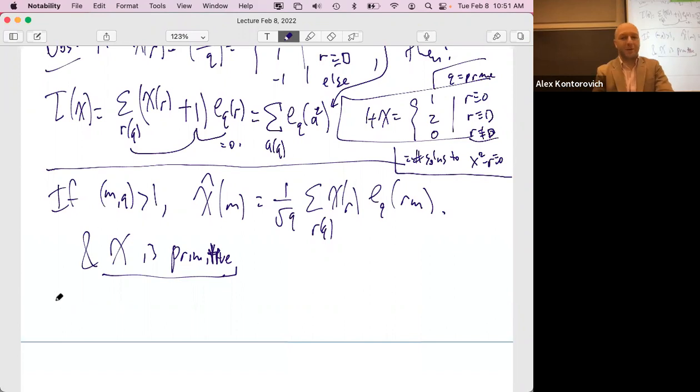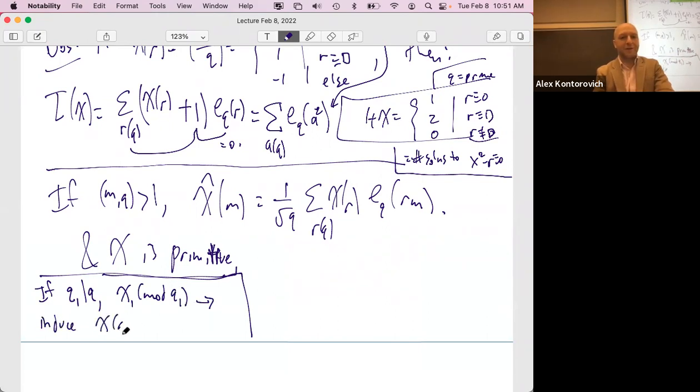What does primitive mean again? Sorry, so primitive, let's remember what that means. If you have a divisor Q1 of Q, and you have a character chi1 mod Q1, you can always induce a character chi mod Q by saying chi of n is equal to chi1 of n, or 0 if n and q have a factor in common.